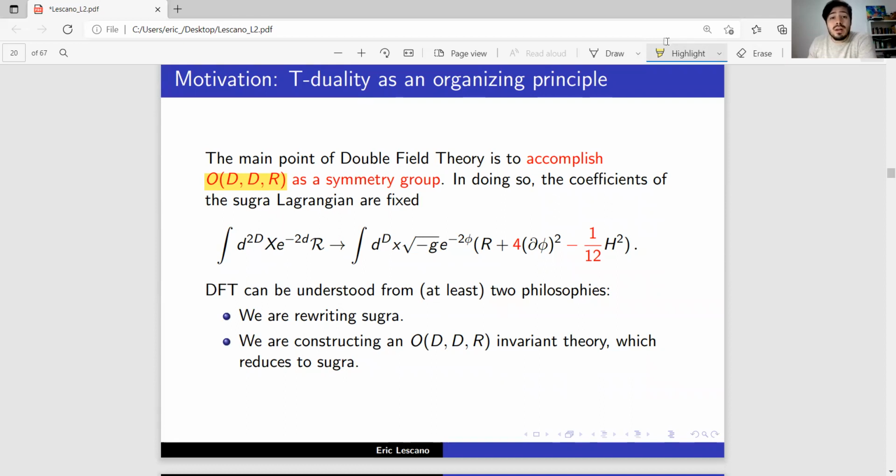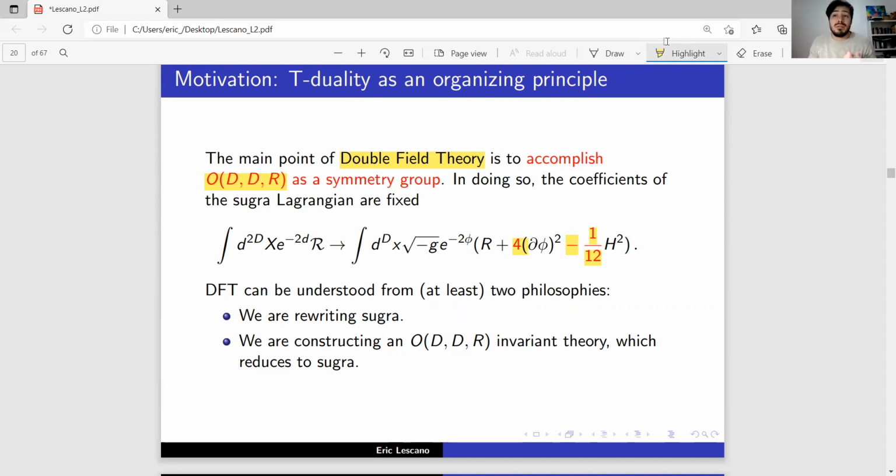So if we accomplish O(D,D) as a symmetry group and we construct this double field theory, the coefficients of the supergravity Lagrangian are fixed. These coefficients are fixed by this duality group. This is not exactly T-duality, it's very close to T-duality, but this symmetry fixes the coefficients of the Lagrangian. In some sense, double field theory is not a string theory, but contains information about strings.